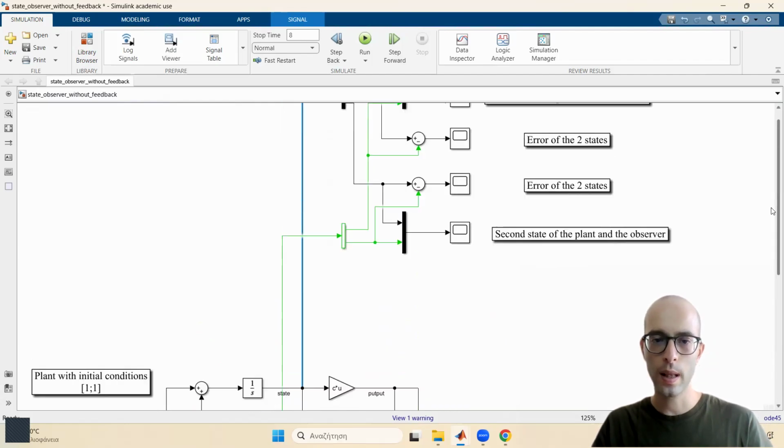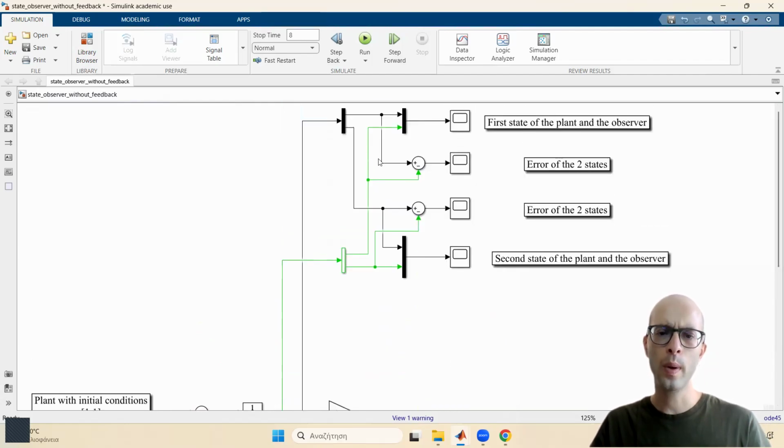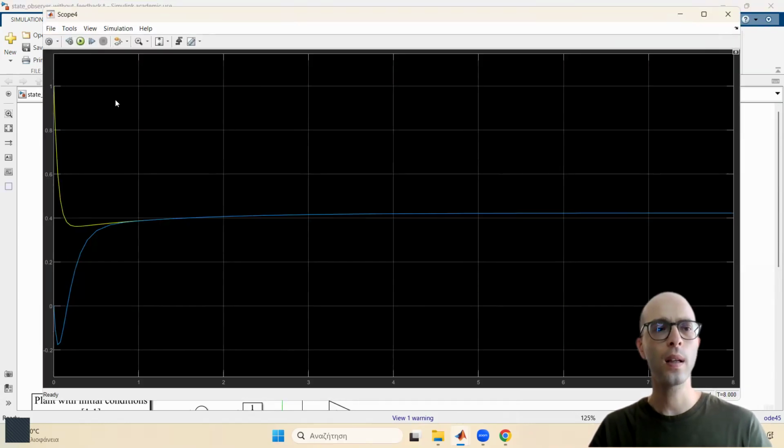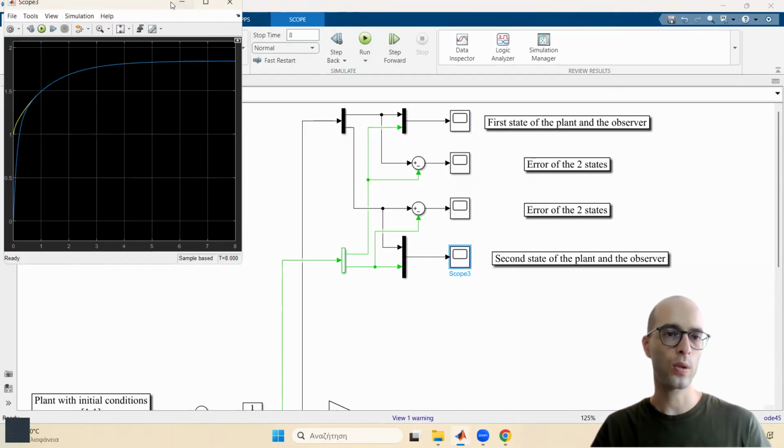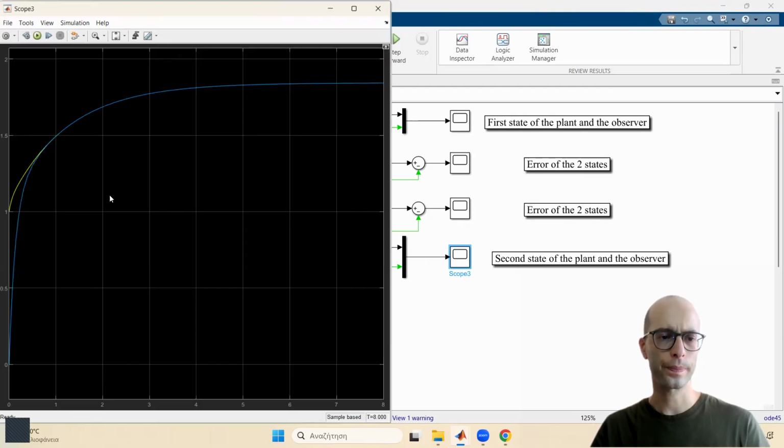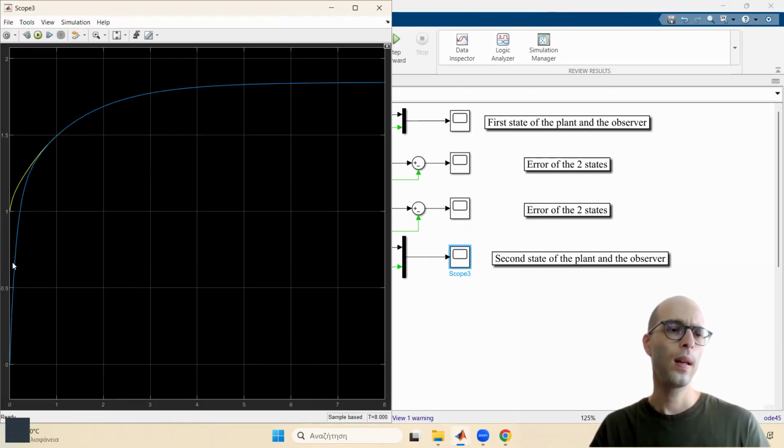So here I have just a couple more cables where I simply take the differences between estimated and actual states of the system. This is the first state. You see that the state of the original system and the state of the observer converge, and the same holds for the second state of the system. Again, you see that the original and the estimated eventually converge to one another at around 1 second.